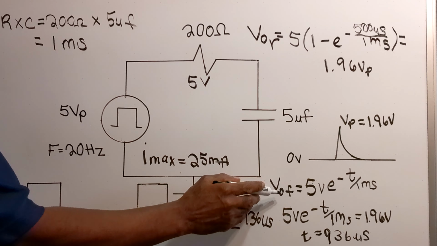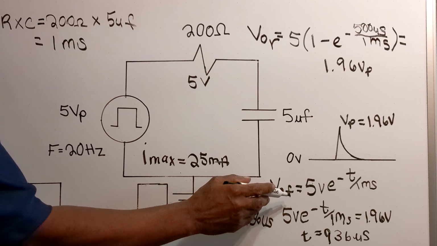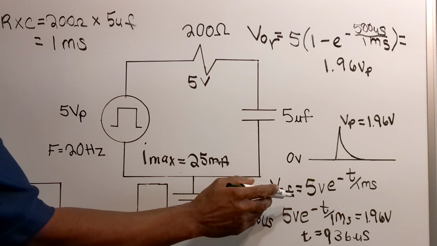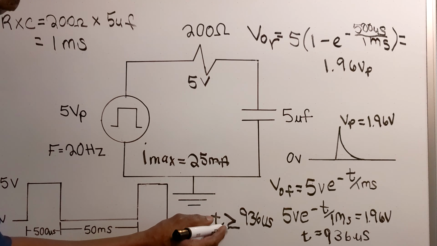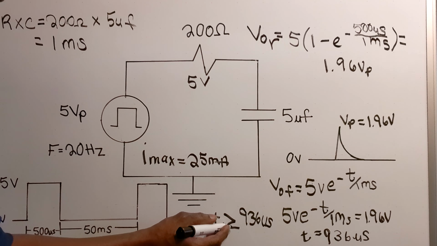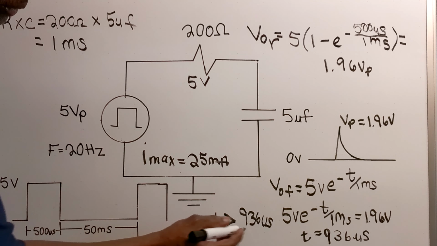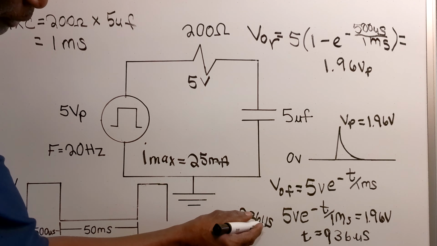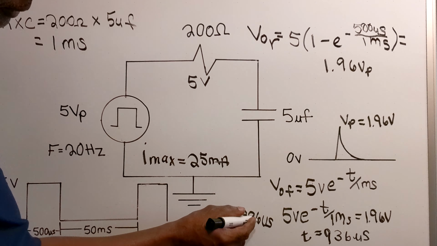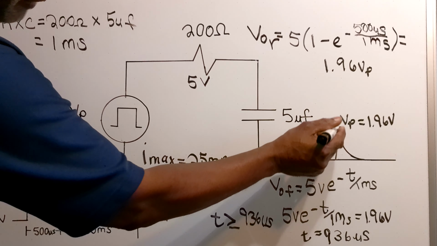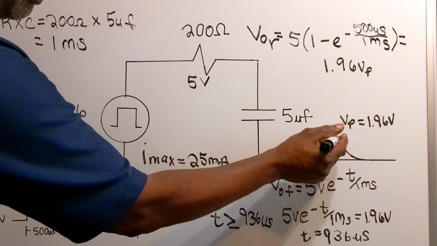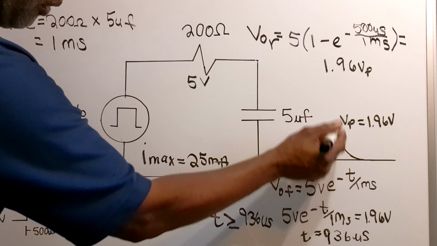So when I'm finding my falling voltage, my T is greater than or equal to 936 microseconds, and that will give me the voltages along the falling voltage curve right here.